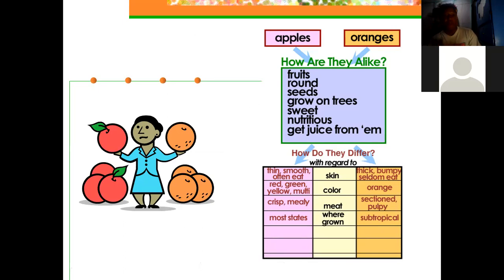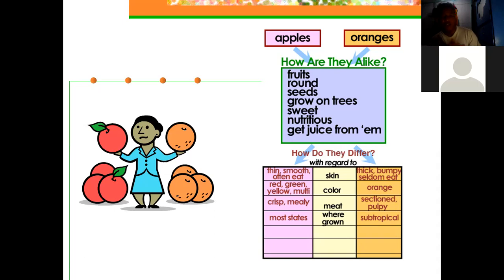The first one is an apple. The second one is an orange. How are they alike? The similarity is that both are fruit, both are round, both are sweet, and both are nutritious, right?